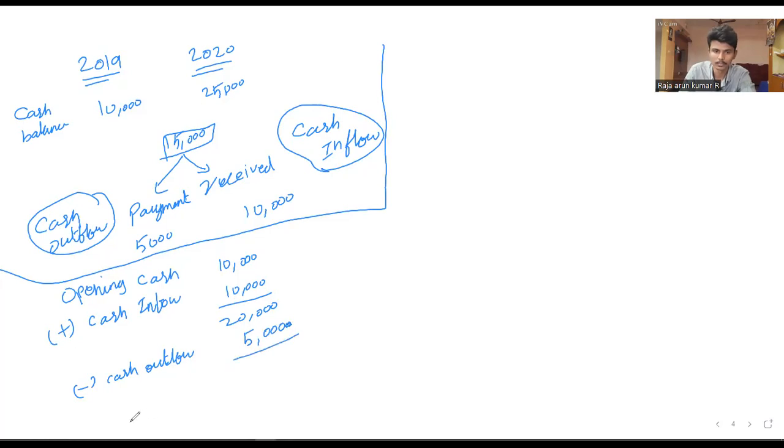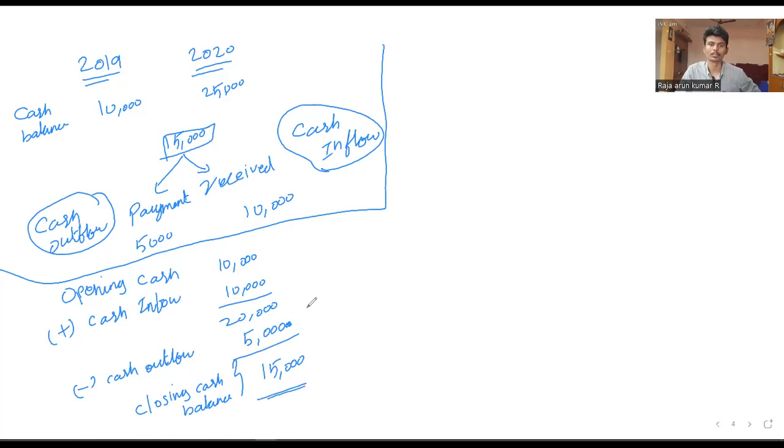Balance is closing cash balance, that is 15,000.